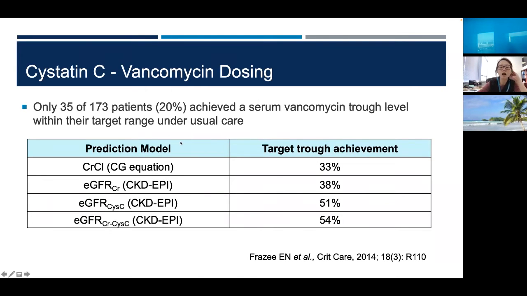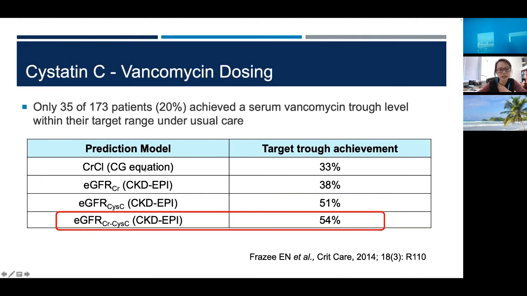In this cohort, only 20% of the patients actually achieved a serum vancomycin trough level within the target range under usual care, which really is not that great. This table shows how many patients would achieve a target vancomycin trough in their prediction model, depending on which equation is used to guide the vancomycin dosing.